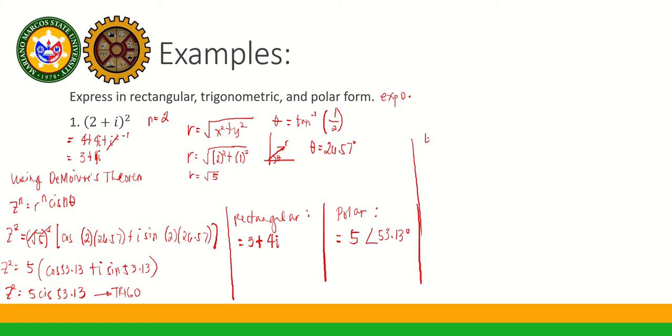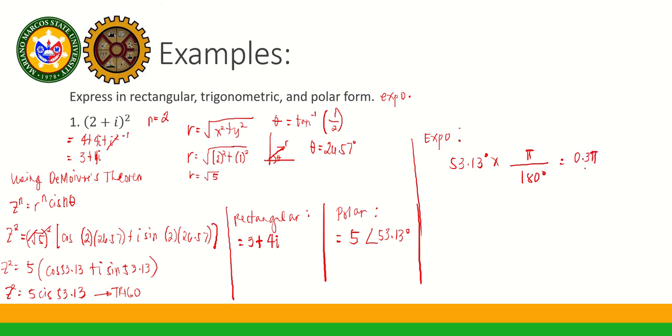Now, let's try si exponential. Dagdag natin. So, exponential naman, recall na yung angle natin sa exponential should be in radians. So, i-convert natin si 53.13 degrees into radians. So, multiply natin ng pi over 180 degrees. So, this will be equal to 0.3 pi.